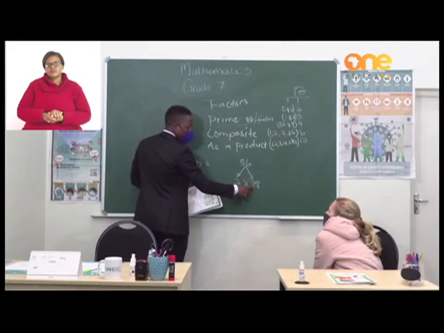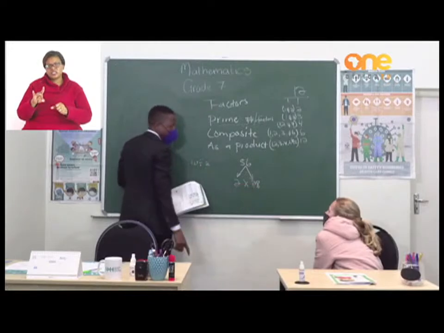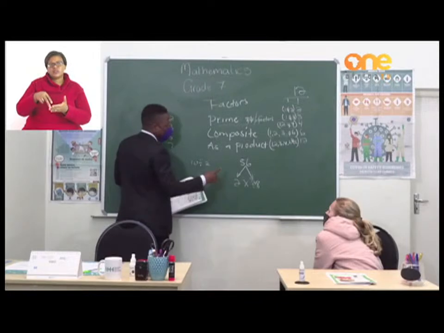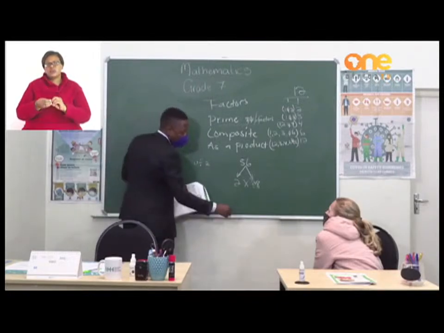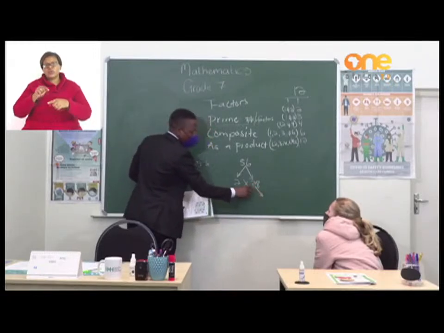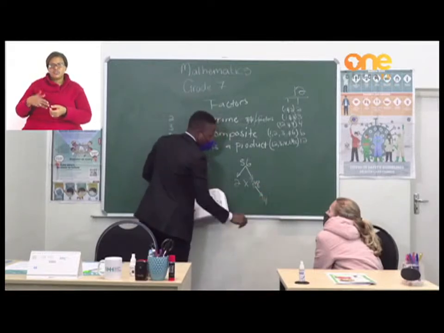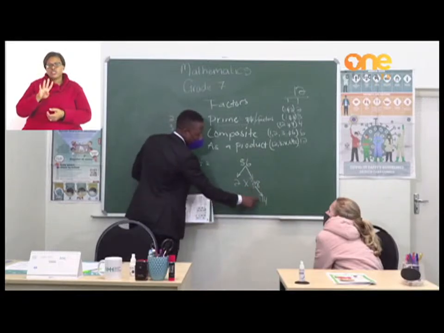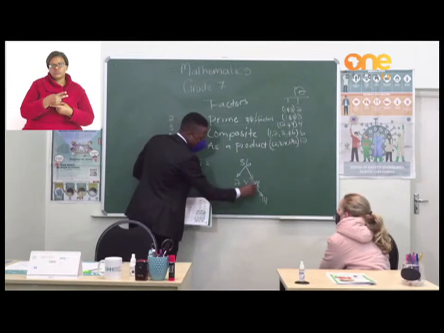Going down with 28, 28 is an even number, and even numbers are divisible by 2. So I'm still remaining at 2, halving. If I halve 28, I will have 14. But what number must I multiply with 14 to get 28?